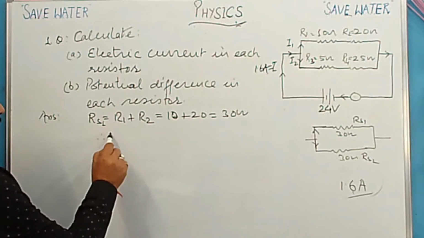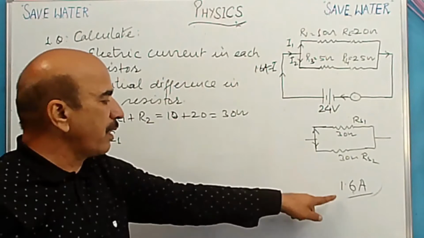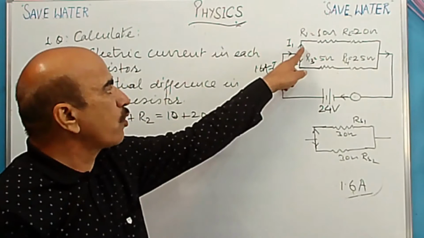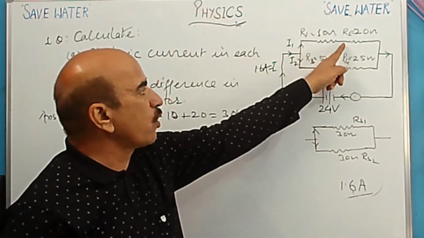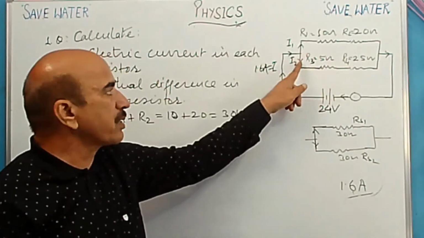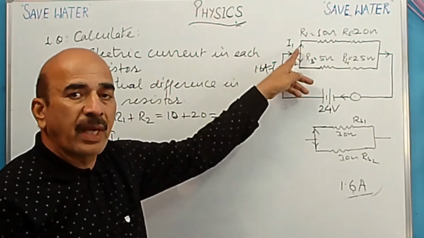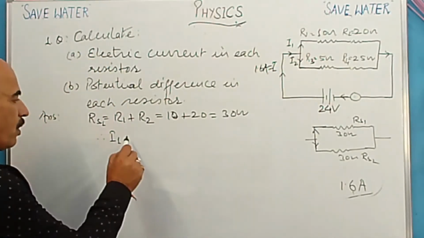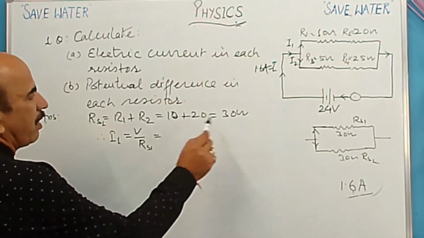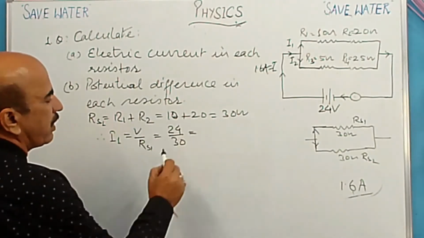So therefore electric current I1, because the total current we found was 1.6 ampere. Now the 1.6 ampere current is divided into 2 parts. Some current I1 will go in R1 and R2 and some current I2 will go in R3 and R4, because it is a parallel combination. So here you can see the direction is given. So current is going in two directions. So I1 is equal to V upon RS1. V is 24 and here it is 30. So when we solve it, what do we get?